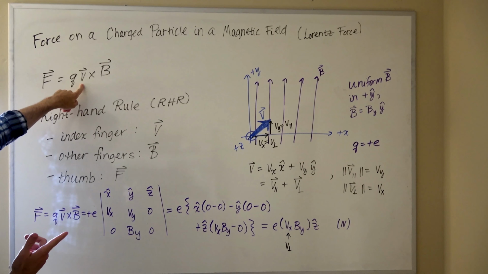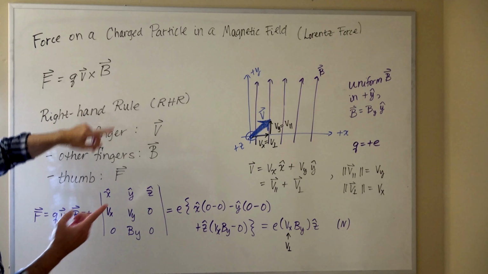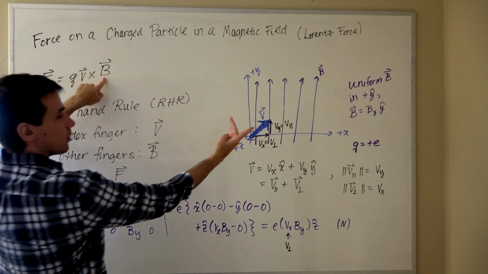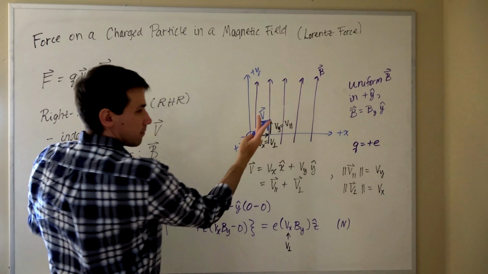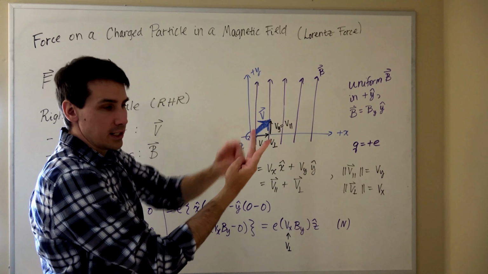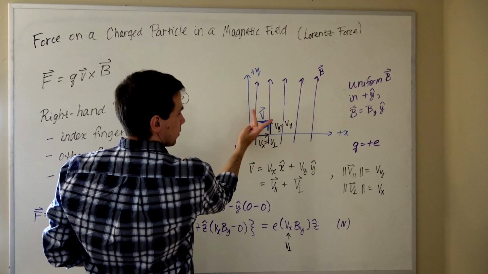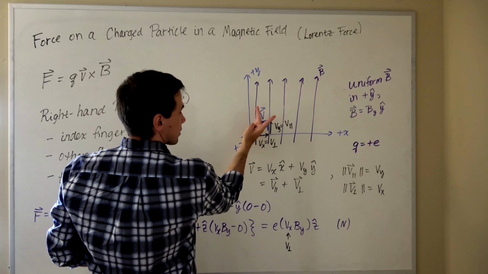Because our first vector is velocity here. The index finger points in the direction of the first vector. Our other fingers point in the direction of the second vector, which is up. Notice that I'm not making a 90-degree angle here. I'm allowing the two vectors to point in the direction that they actually point.